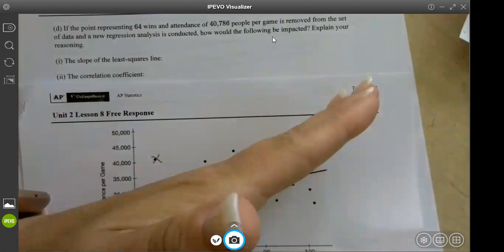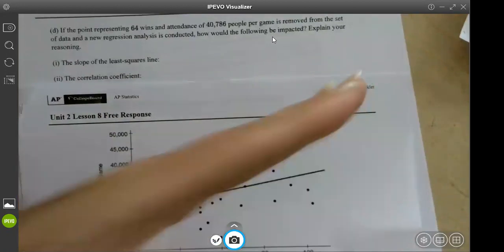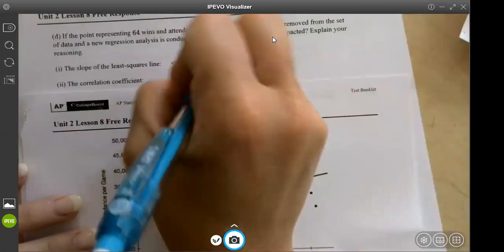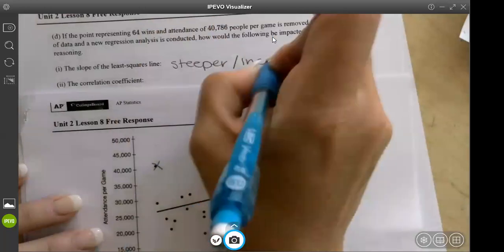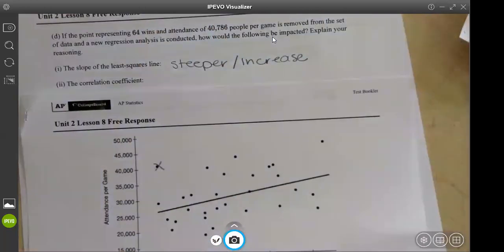So what's going to happen to it? The slope will be steeper or increase. And again, because it pulls what? It'll pull the low end down towards 0. Okay, and you can write that on there too.